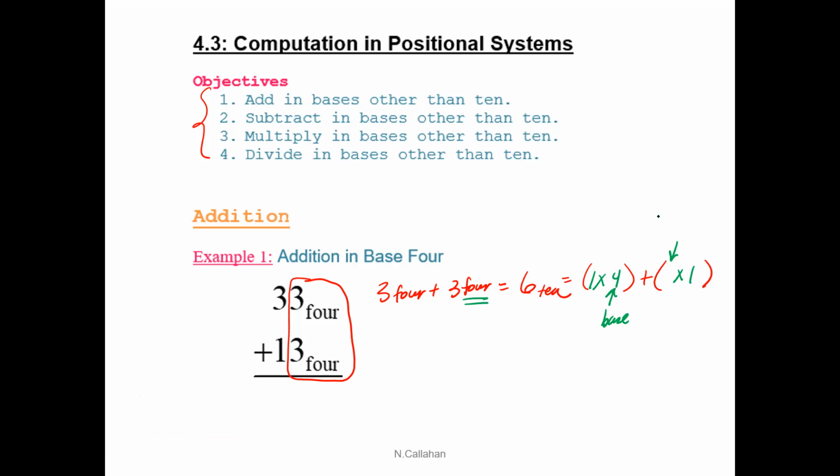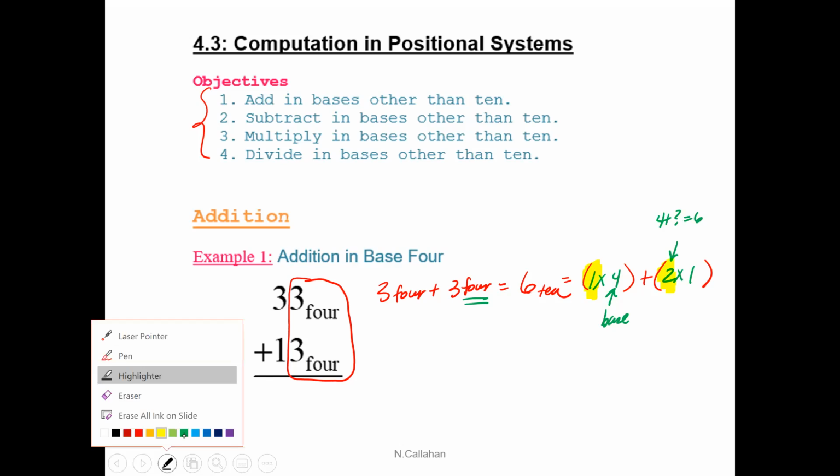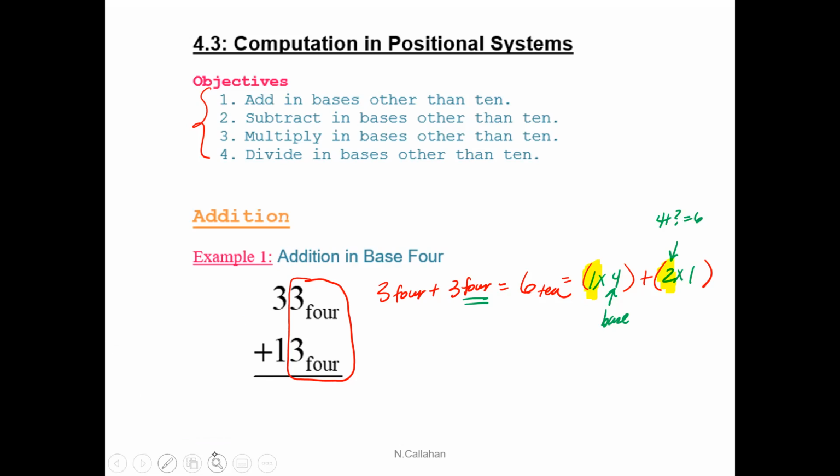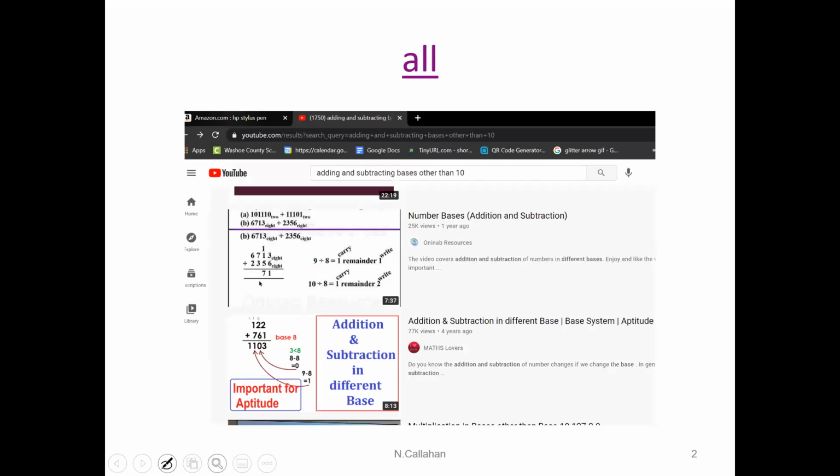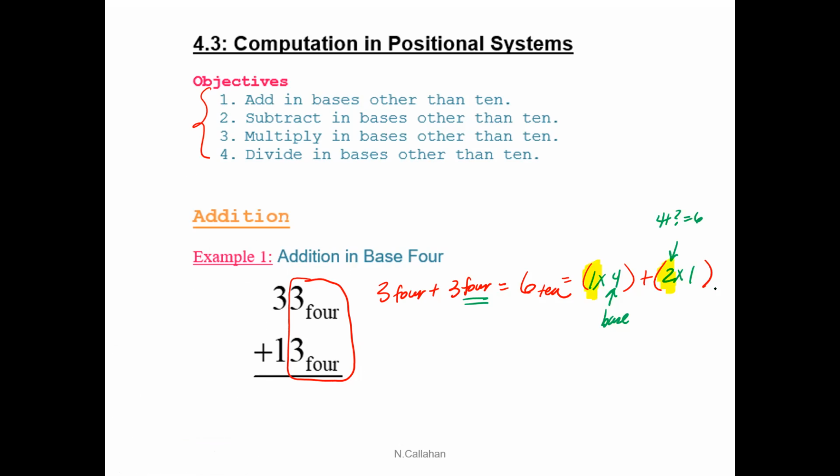So you have to think, 4 plus what number equals 6? It has to be a 2, okay? Then your answer is always going to be the first number of your sum, so in this situation it's 1 and 2. So 6 base 10 equals this, which equals 12 with a base of 4.